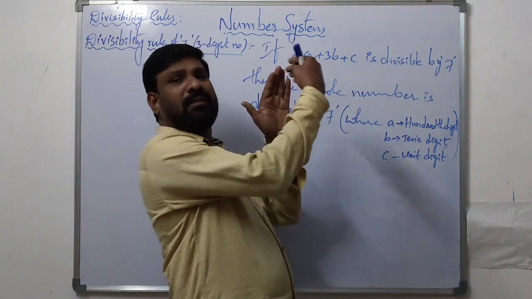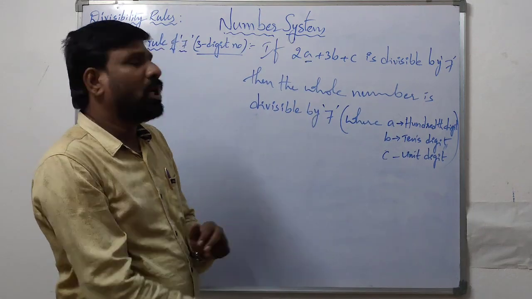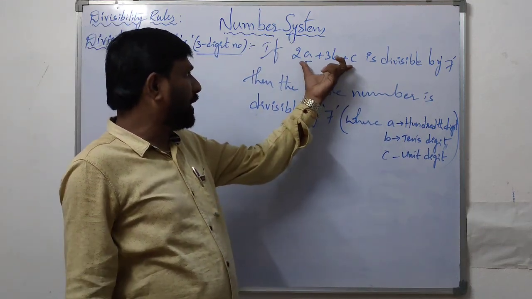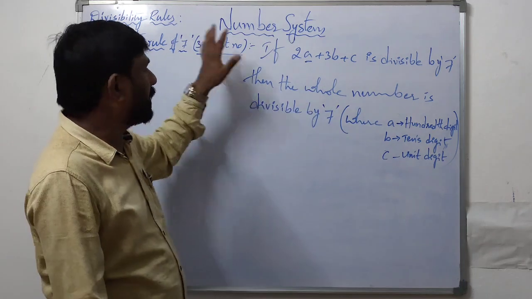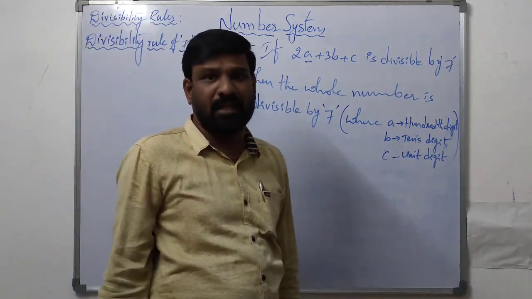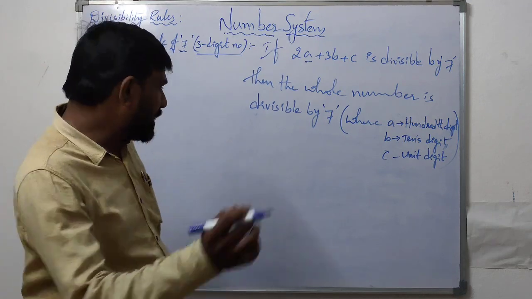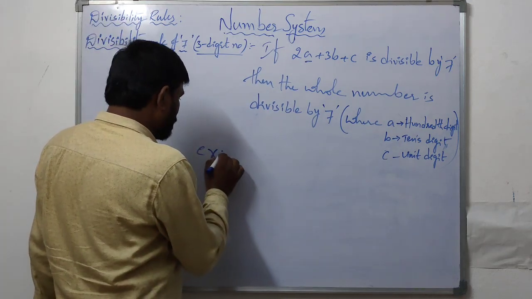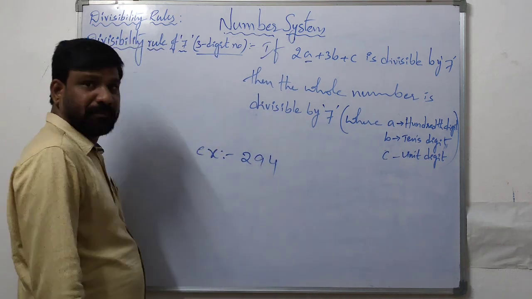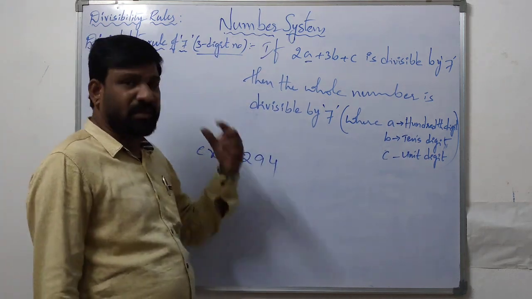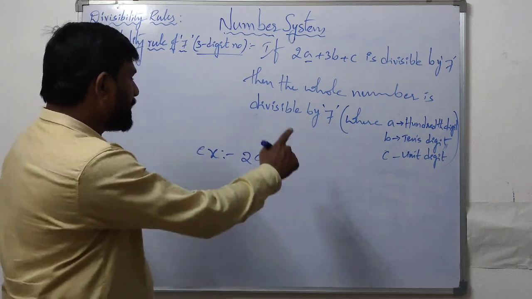So for the given 3-digit number, you have to write in this form and find this sum, and if that sum is divisible by 7, then the whole number is divisible by 7. Is this clear? Let us take an example. Say 294 I am taking. Whether this is divisible by 7 or not, you have to check. What is a?